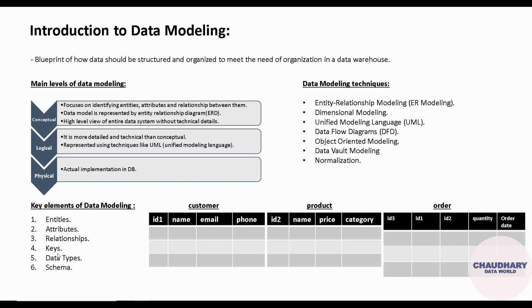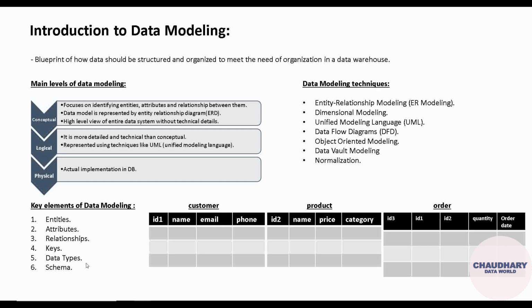And after that, keys. Keys is the primary key, and that is ID1, the unique row identifier of this customer table, which is the only key in it. After that, we have data types.